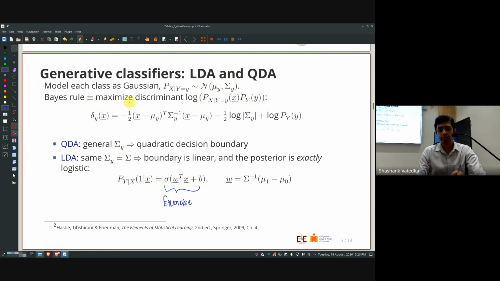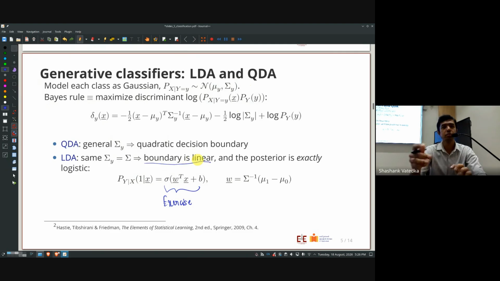Show that if you assume that p(x|y) is distributed as follows, and you try to find the posterior, then the boundary is linear.